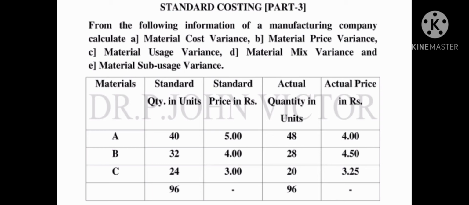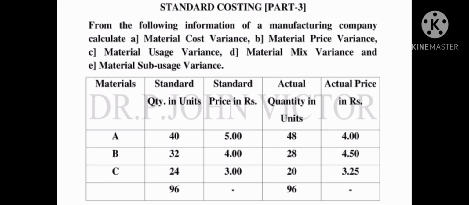I think there is no need for much explanation because the data is very simple and detailed. The total quantity of standard and actual is 96, both are equal, 96 and 96. By using this we have to work the problem.